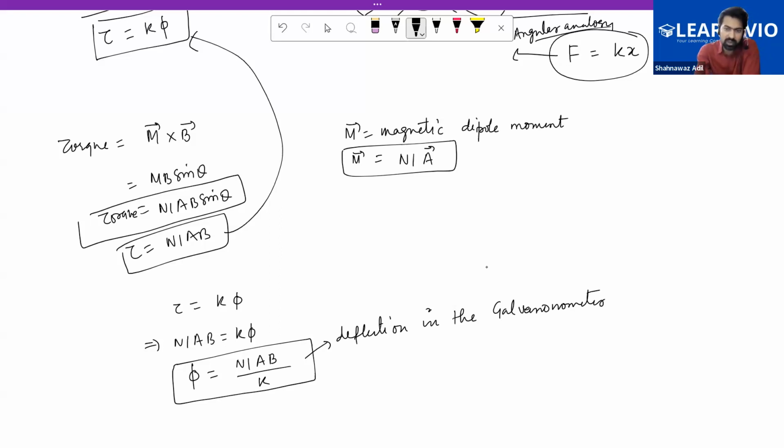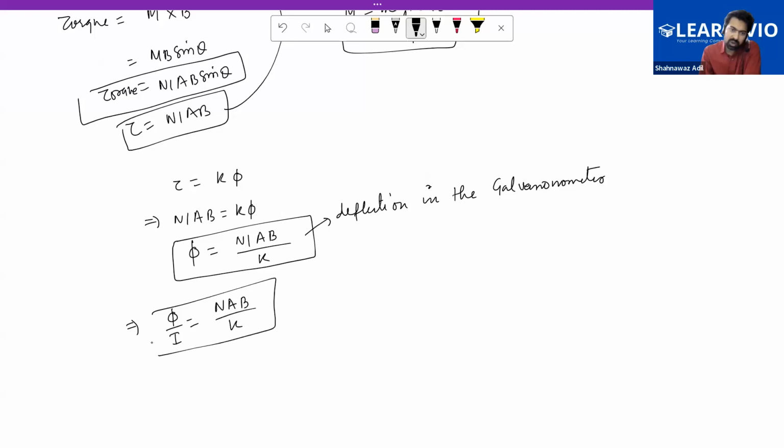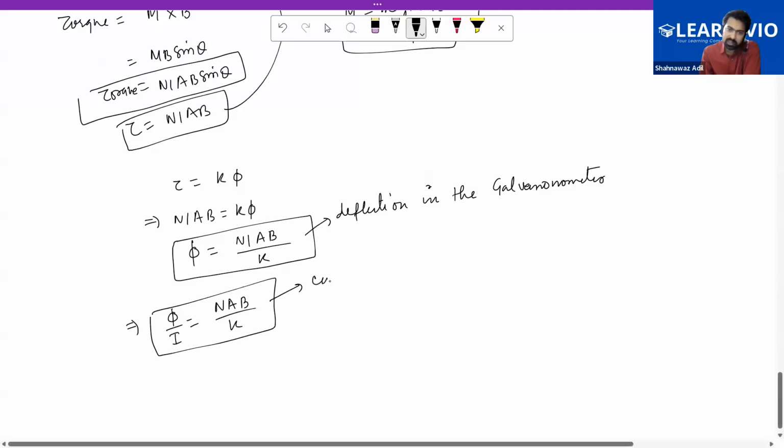We can also calculate phi by I. This would be simply NAB by K, and this is called the current sensitivity.